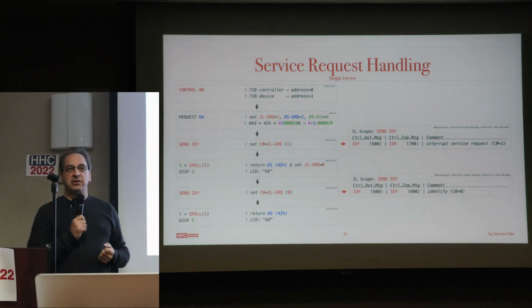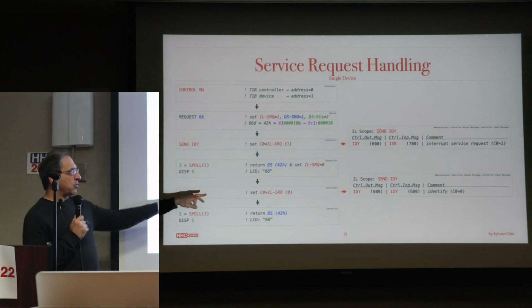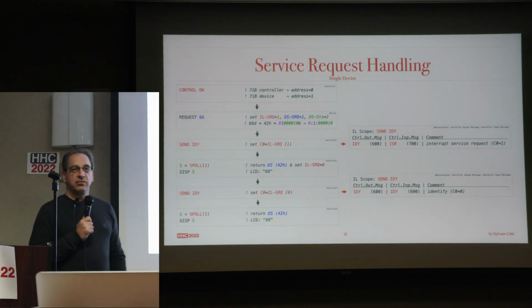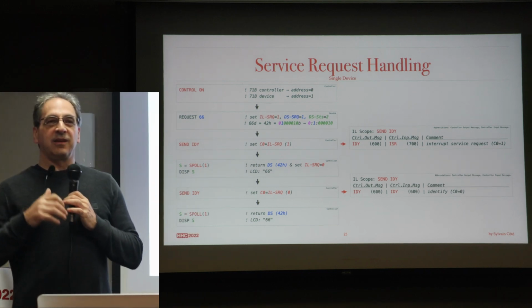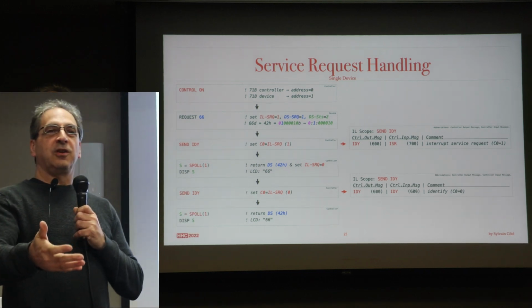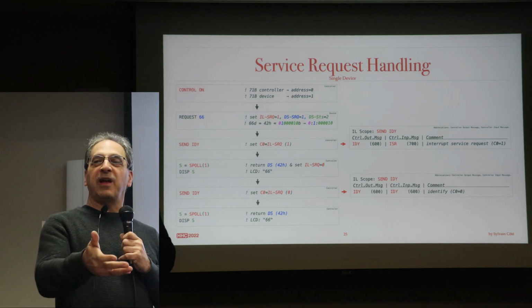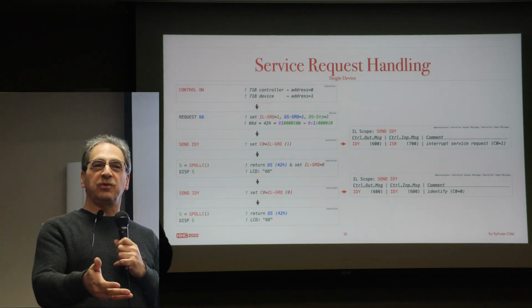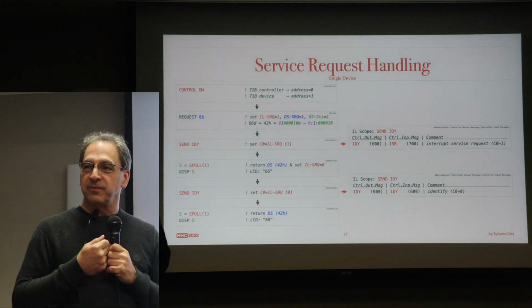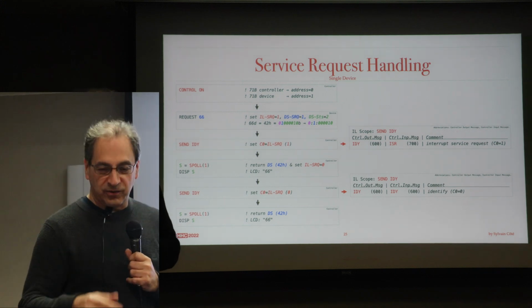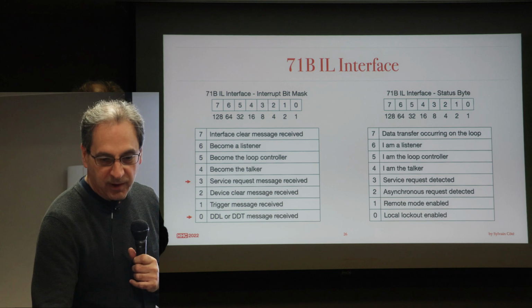So it's going to reset the bit. Next time I'm sending an identify request, it's 0. So that's how a device can signal to the controller to come fetch a value I need to send you. So that's one-way communication.